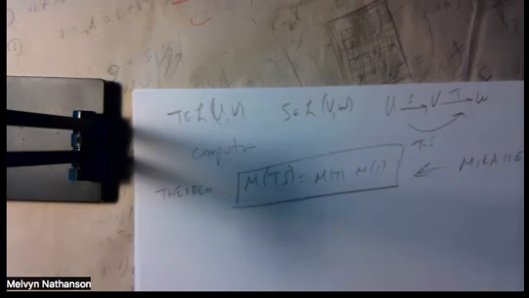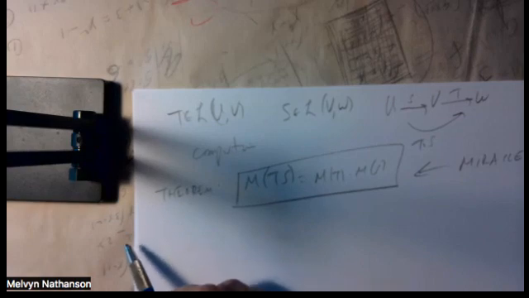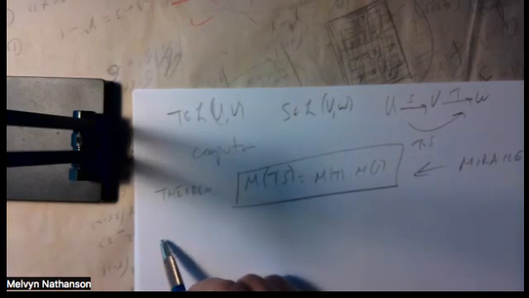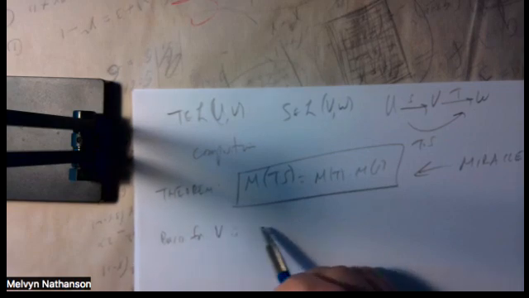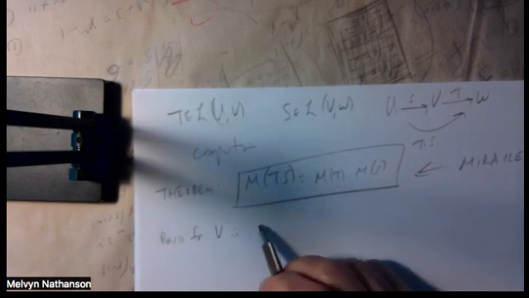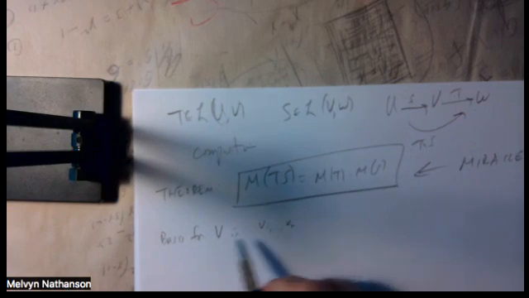So I have three vector spaces, U, V, and W, and I need bases for them. Suppose that a basis for V is V1 up to Vn.